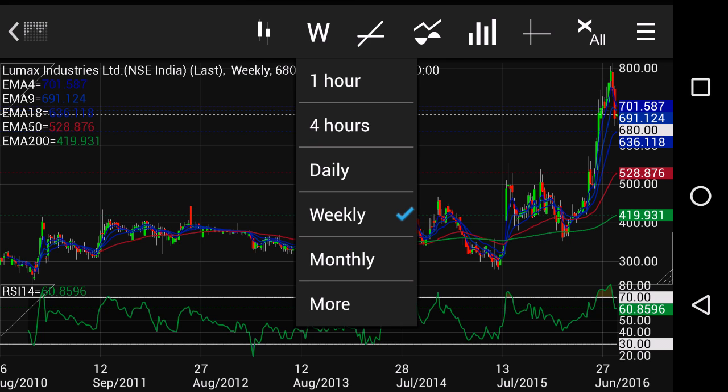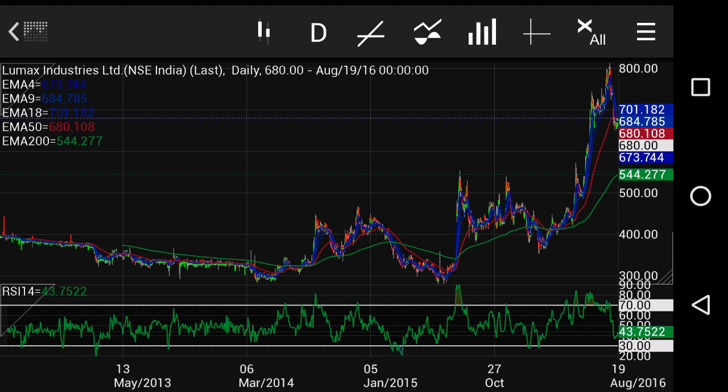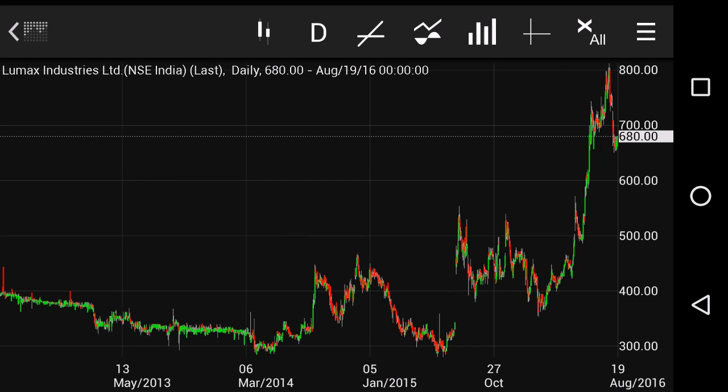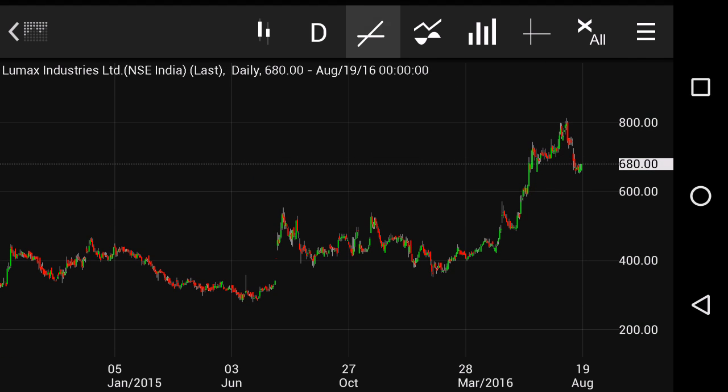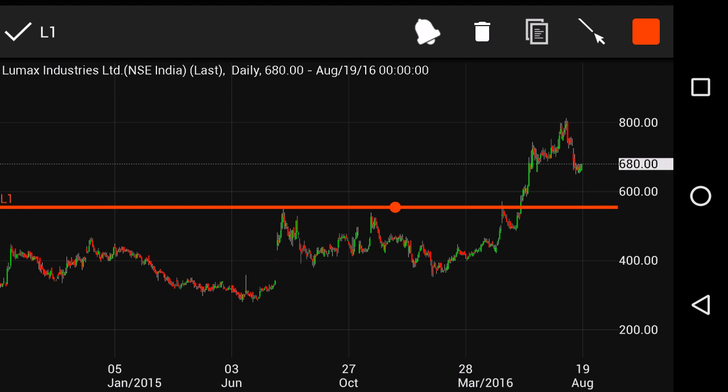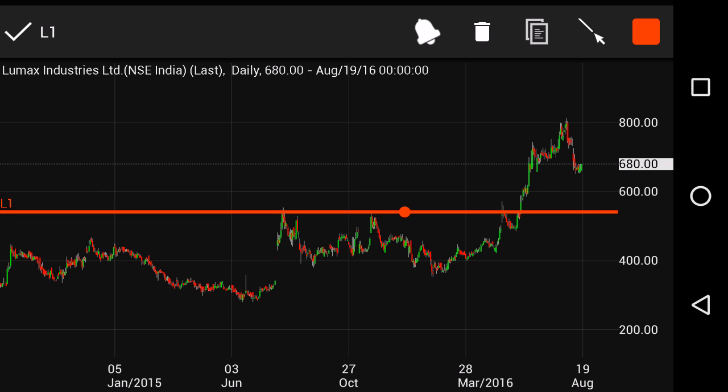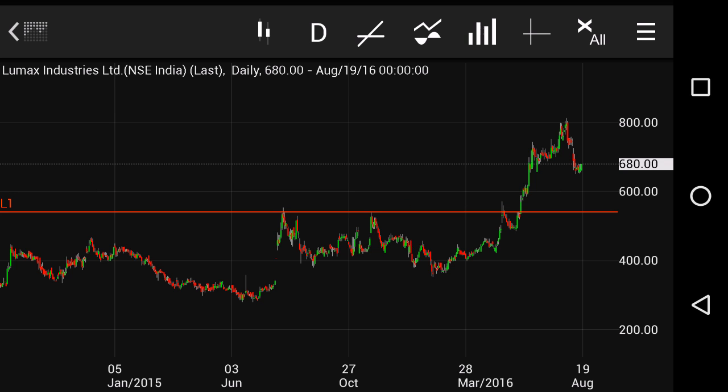We'll again go back to daily. This was also a flatter one. So if you just practice this, when stocks break this flatter trend line, just concentrate on such stocks.